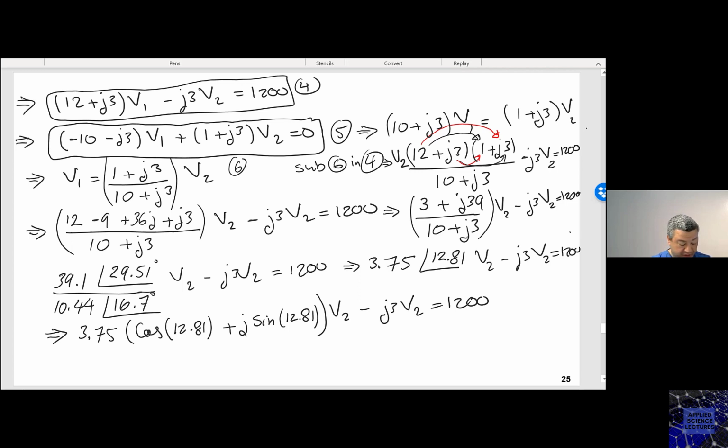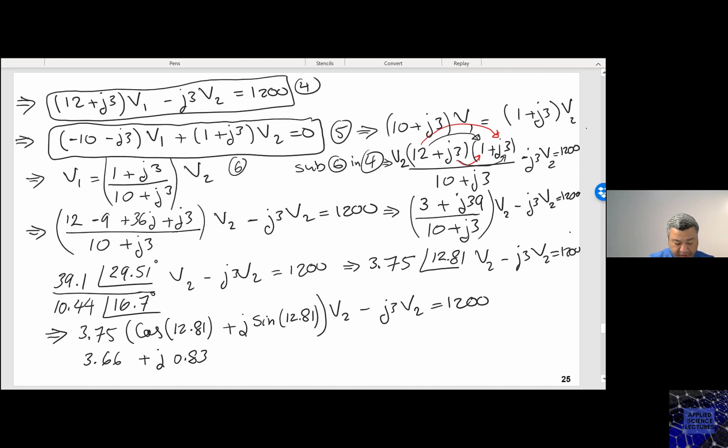Then cosine 12.81 times 3.75 is 3.66, plus j, which is sine 12.81 times 3.75, which is 0.83.